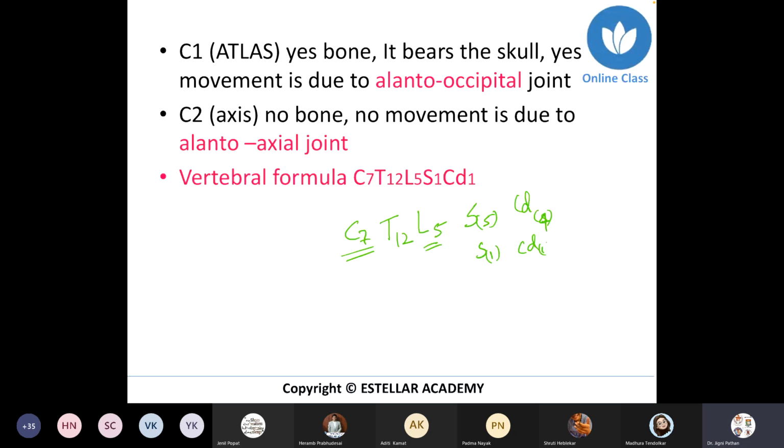Did you get the point? So this can be the vertebral formula. If there's an option, this is also a right option. If they have given you both, then please do mark for this.